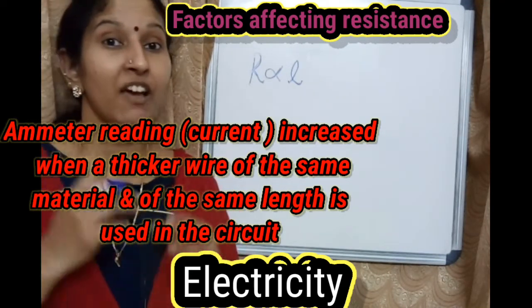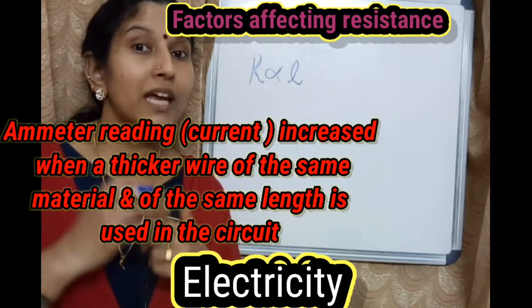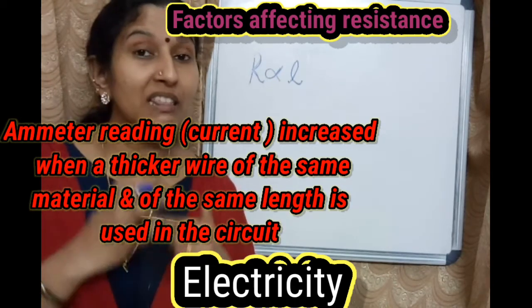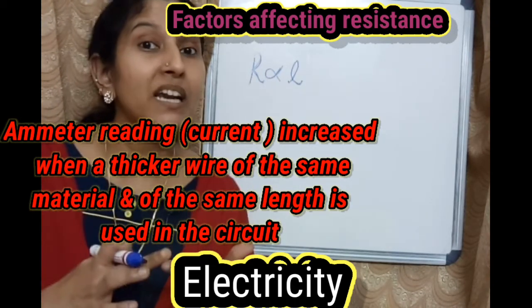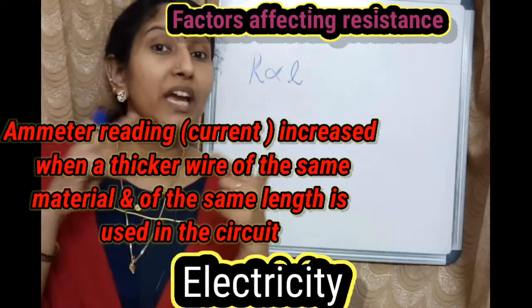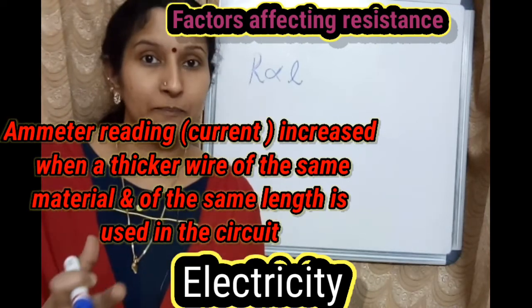Which means when we use the thicker wire, there is an increase in the ammeter reading. When we increase the thickness, or the area of cross section, there is an increase in the current.